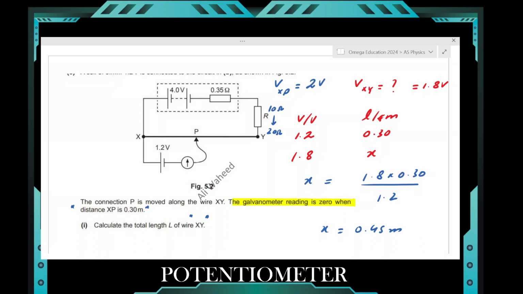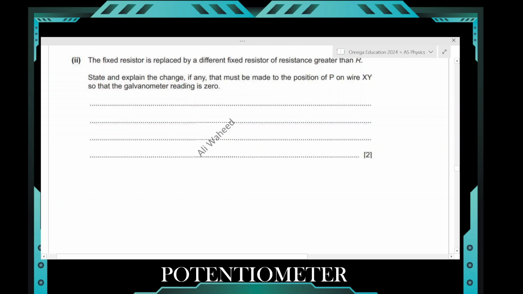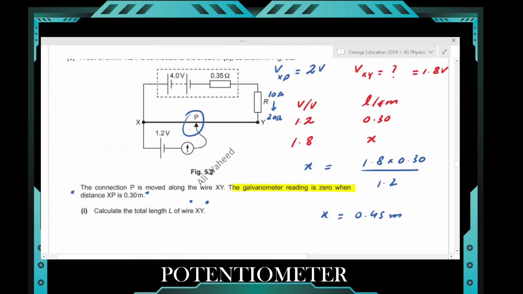What happens to the position of pointer P in such a way that the galvanometer reading should remain 0? If the galvanometer reading should remain 0, it means the potential difference between X and P should still be 1.2. Only then can the current through the galvanometer be 0.